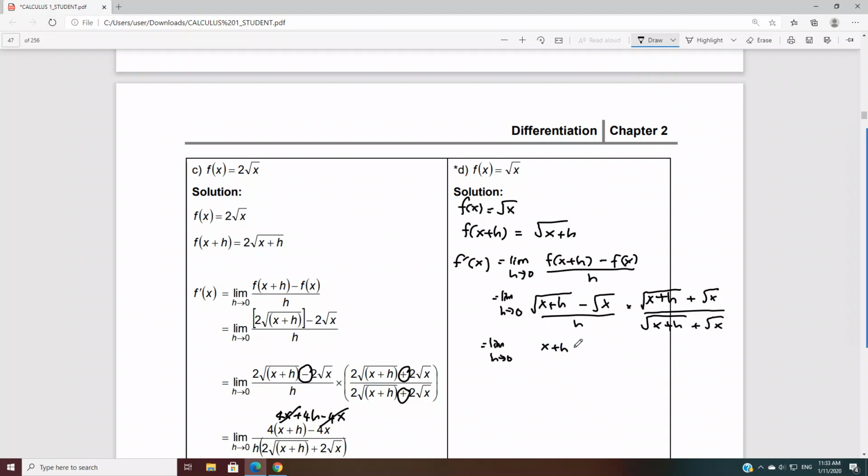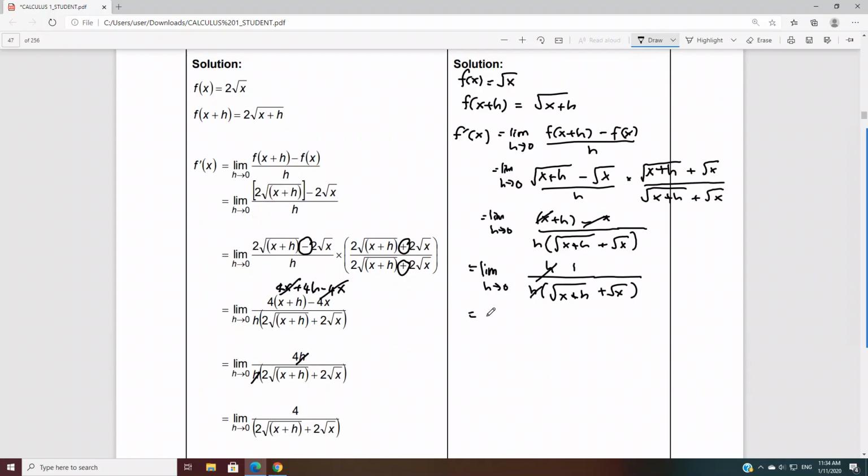So x plus h minus x over h times square root of x plus h plus square root of x. Okay, so yang ni boleh cancel. So kita ada limit h equals to 0, h over h times square root of x plus h plus square root of x. Okay, so cancel ni, yang ni tinggal satu lah.